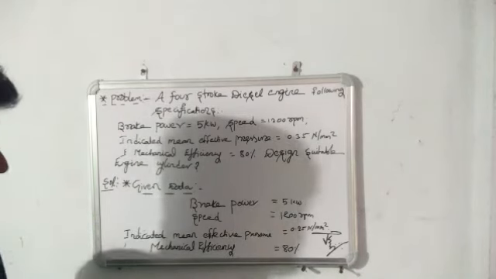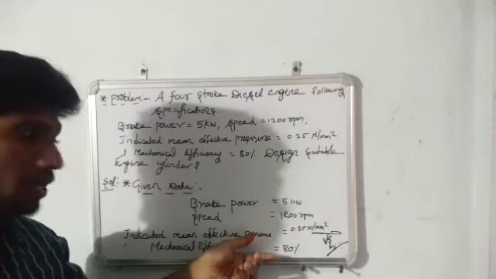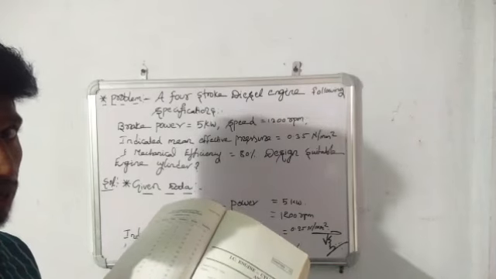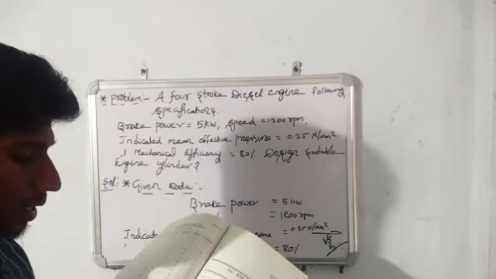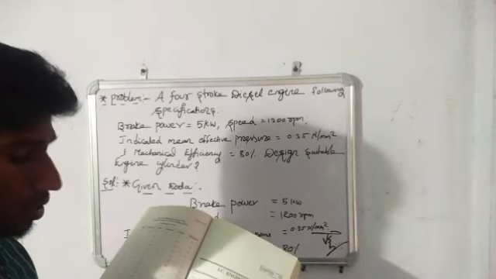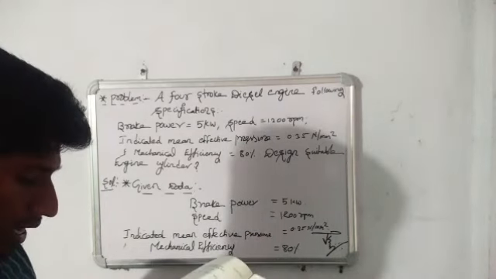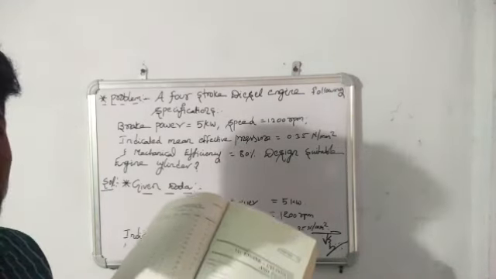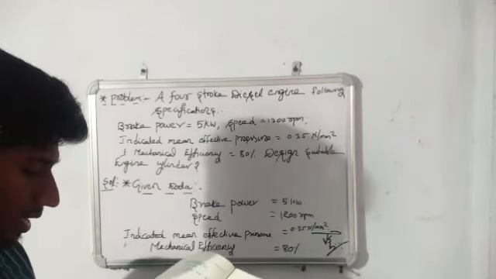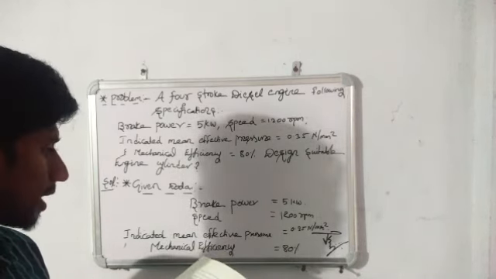With the help of the design data book, arrange the terms. That means the terms are indicated with the proper symbols. Brake power is indicated with P suffix B. Next, the speed of the engine, or speed of the crank, is indicated with capital N. Mean effective pressure is indicated with P suffix M. And finally, eta suffix M indicates the mechanical efficiency.